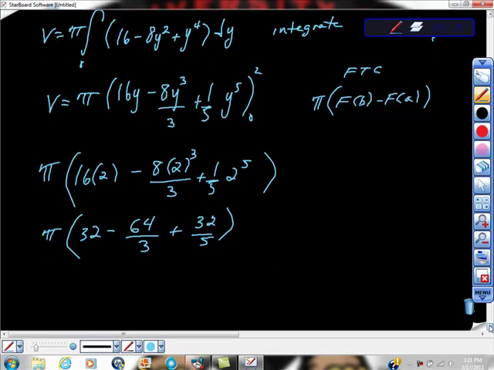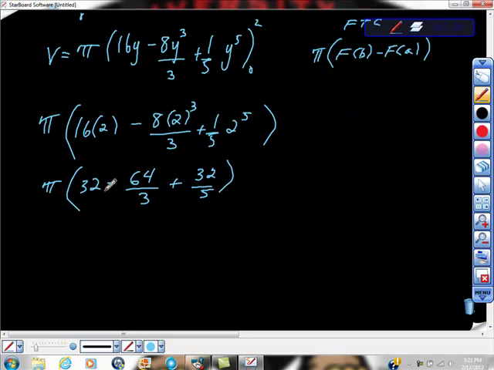Can't believe I'm going to actually do all this math out, but what the hell, let's do it. Here I see the greatest common factor of these three things is 32, so I'll take 32 times pi times 1 minus 2/3 plus 1/5. This all converted to 15 fifteenths. This converted to 10 fifteenths, and this converted to 3 fifteenths, which gave us a total of 8 fifteenths.